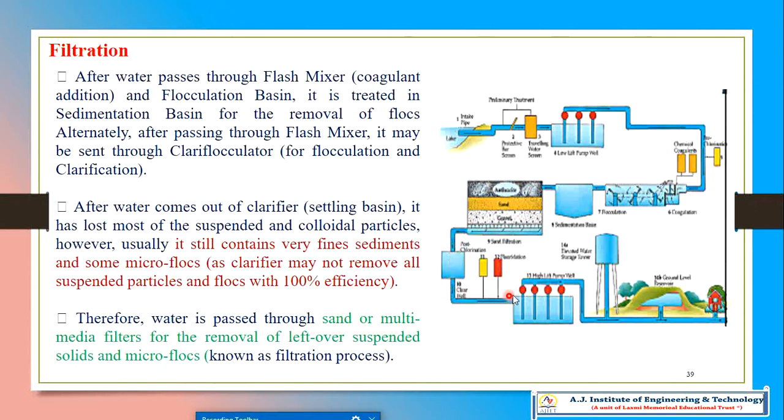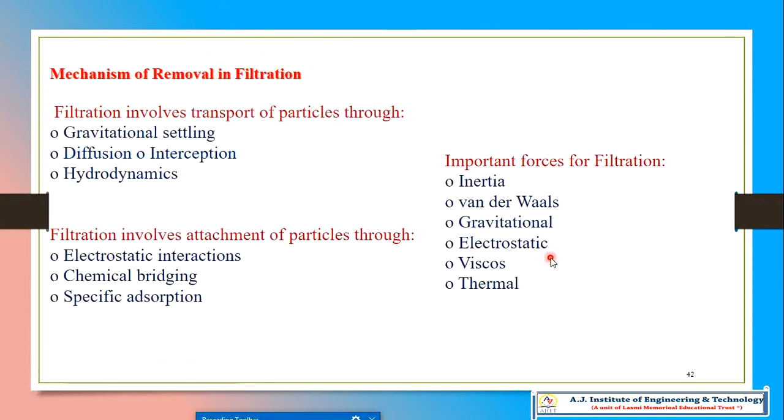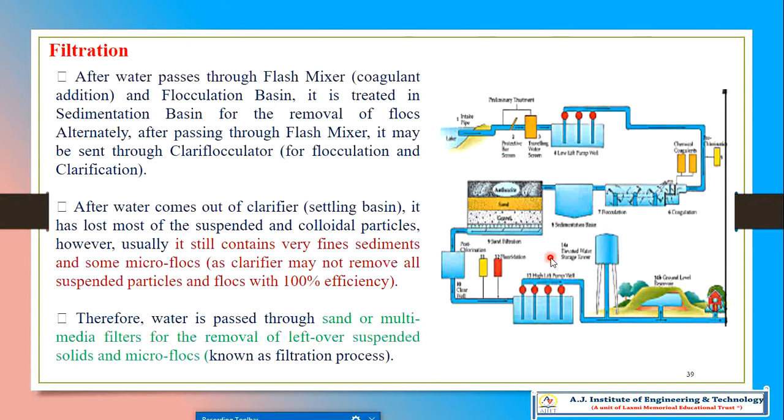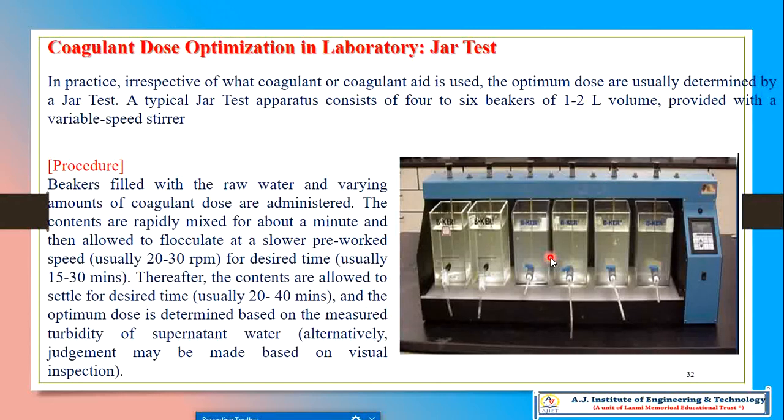From there we go to disinfection and overhead tank distribution. This is what your entire water supply system subject covers, how to do all these things. The next topic will be filtration, its objective, and the mechanism involved. This will be discussed in the coming video lecture. Today's topic is only coagulant dose and optimization techniques.